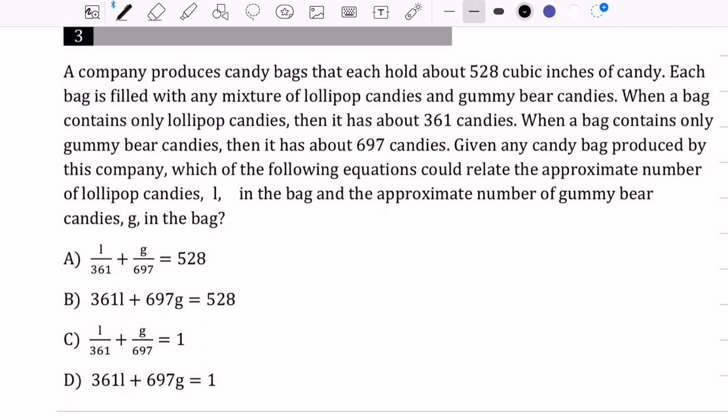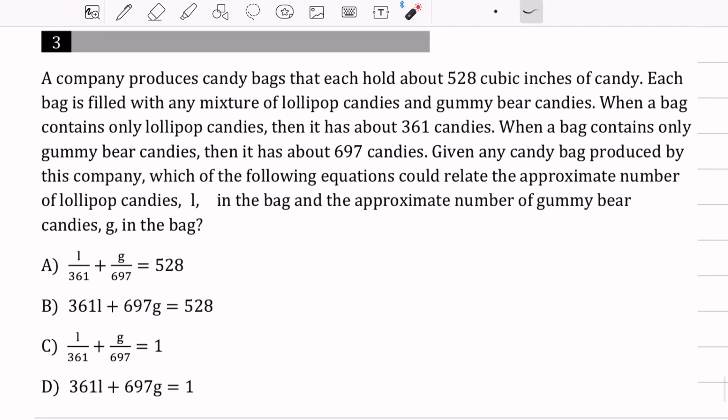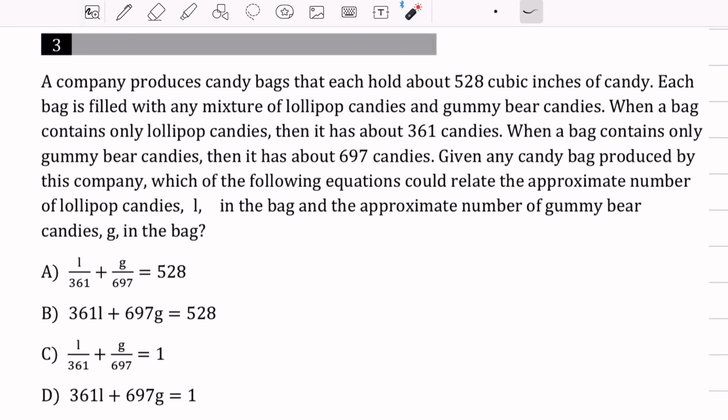Let's move on to question 3. A company produces candy bags that each hold about 528 cubic inches of candy. Each bag is filled with any mixture of lollipop candies and gummy bear candies. When a bag contains only lollipop candies, it has about 361 candies.